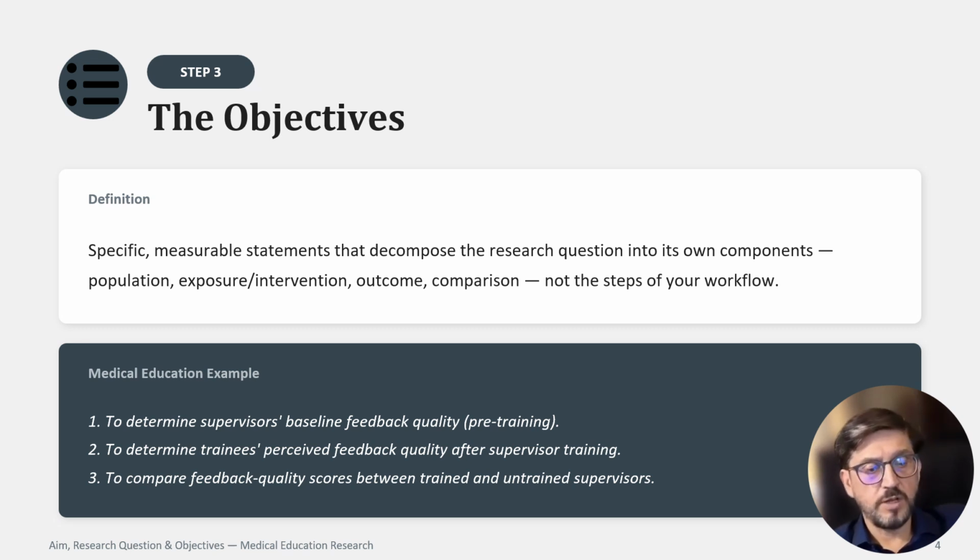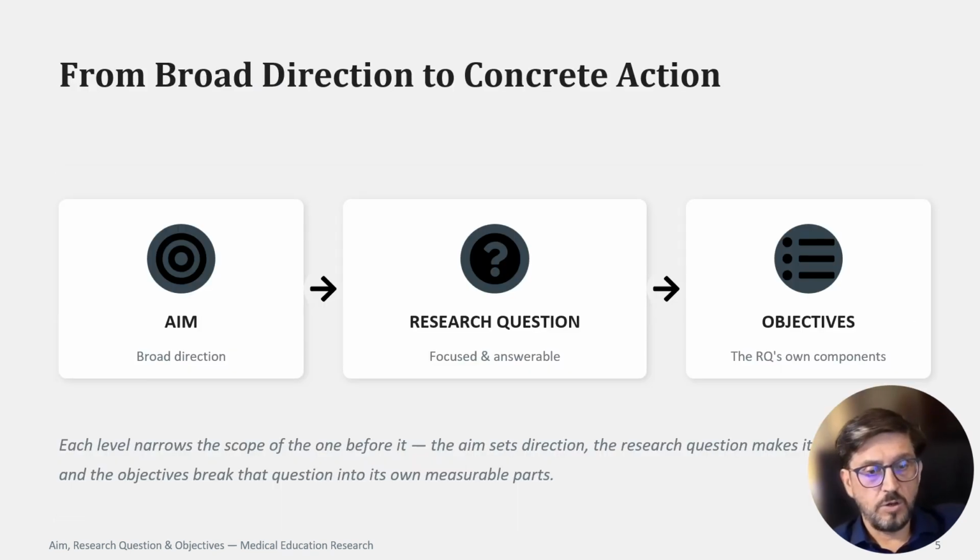And when I give you more examples later on, you'll understand how the aim, research question, and objectives were aligned. So we're moving from a broad direction to a concrete action: the aim is a broad direction, the research question is focused and answerable, and finally the objectives are basically the components of the research question.